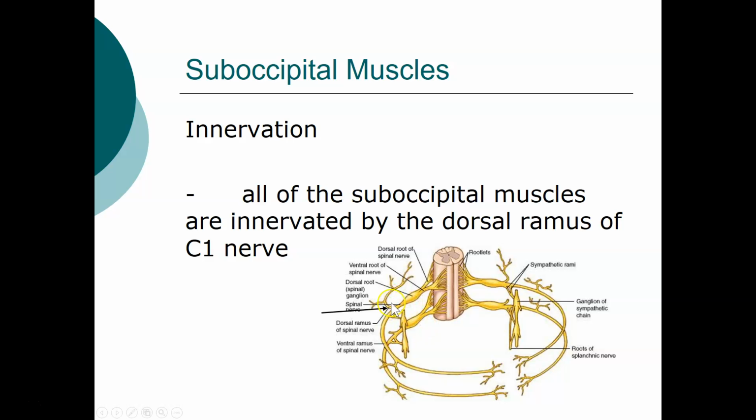And then the major nerve continues forward to further branch in other areas, but there is this dorsal branch. Remember dorsal, dorsum, at the back. It is a branch of nerve that heads posteriorly to innervate. So we say that all the suboccipital muscles are innervated by the dorsal ramus of the C1 nerve. So that would be a branch off of C1 that's heading posteriorly.